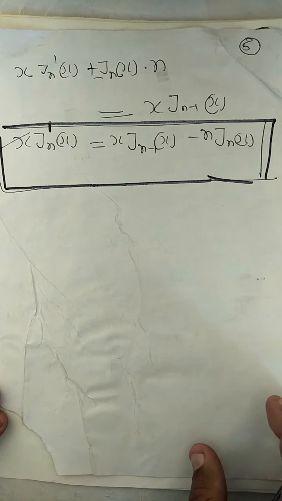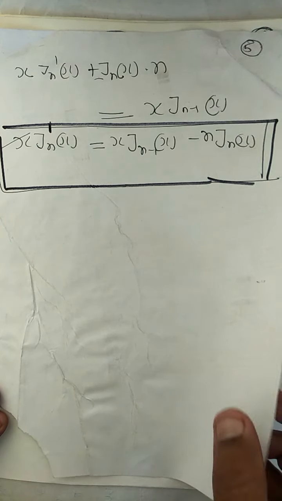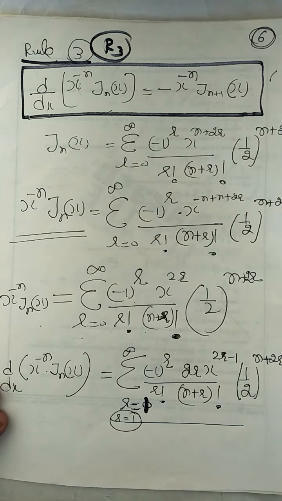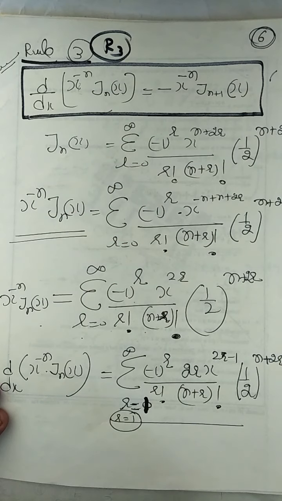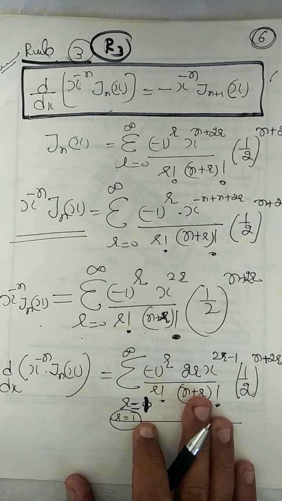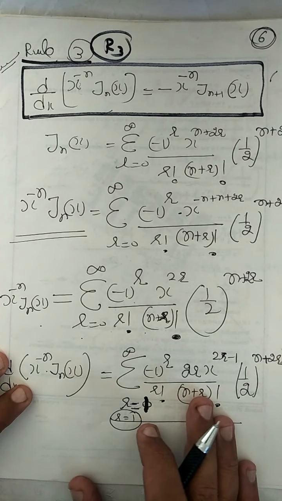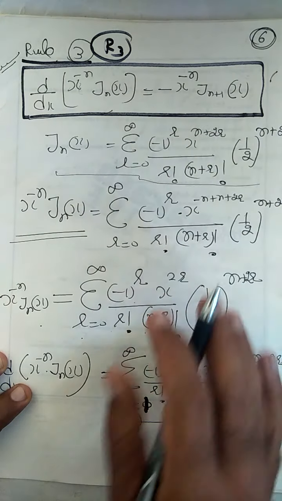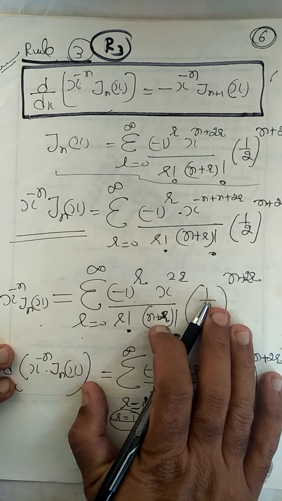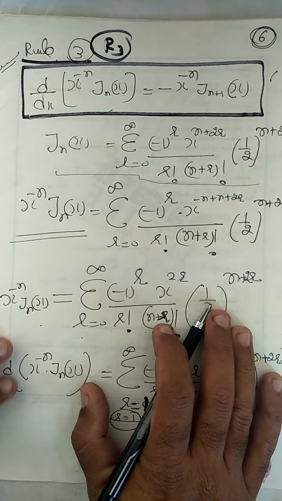So now we will proceed to the next formula, and this formula is also very important. To prove this recurrence formula, we just take the value of J_n. The value of J_n is given the same as in the first recurrence formula.